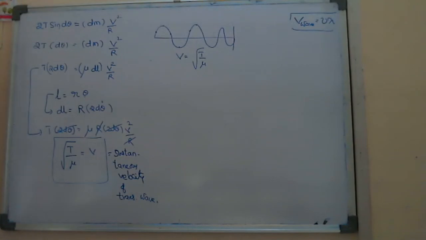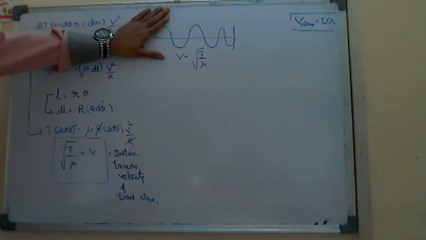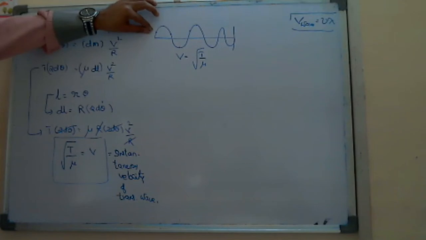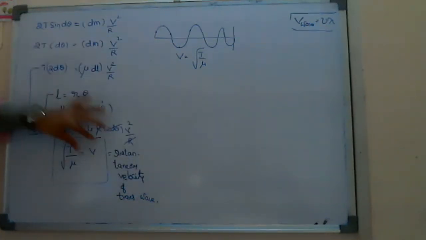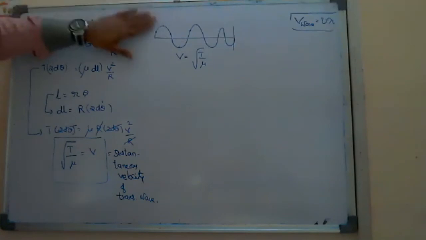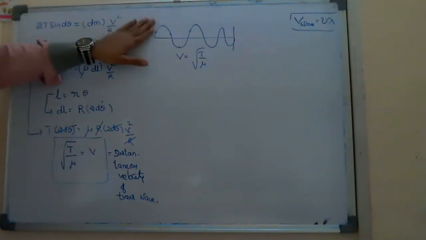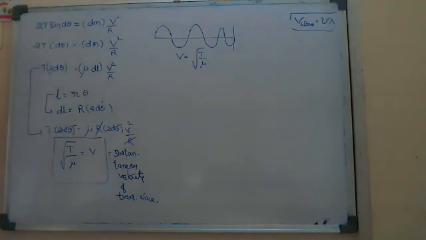But if v is not constant, then we can't substitute v equals root of T by mu at all points. At one particular point, the instantaneous velocity of the transverse wave equals the tension at that point divided by mu at that point.